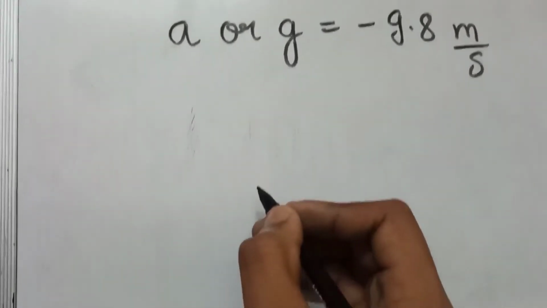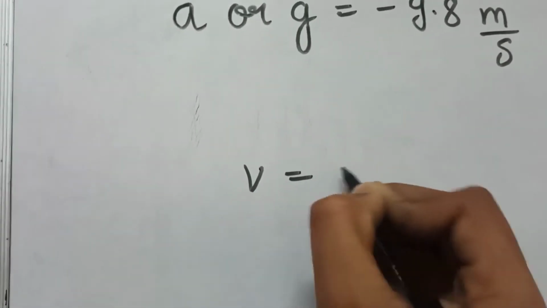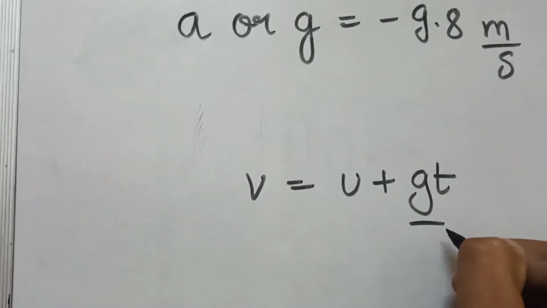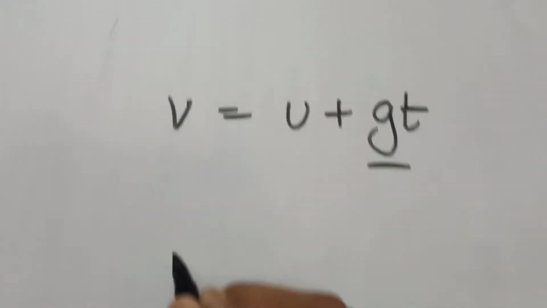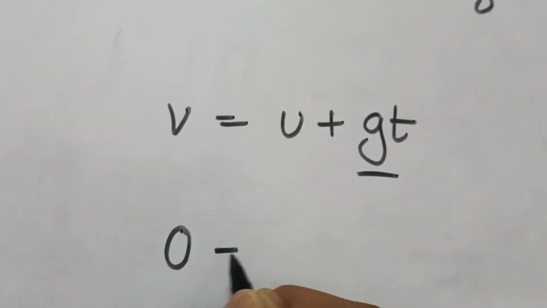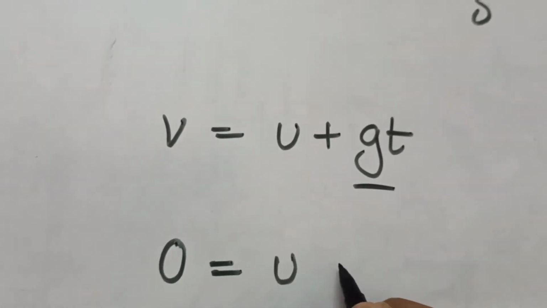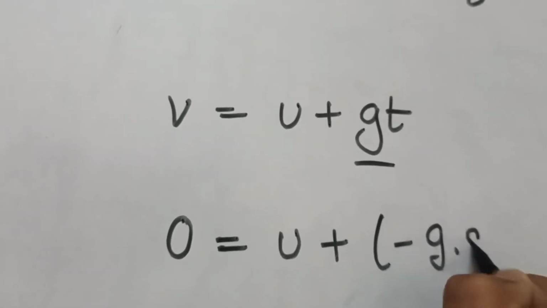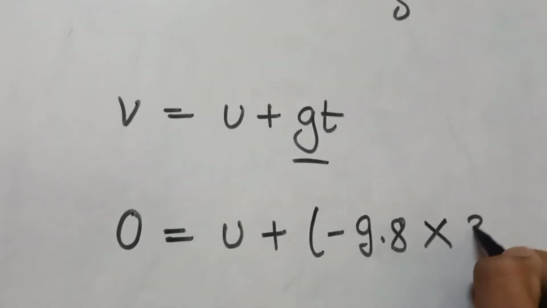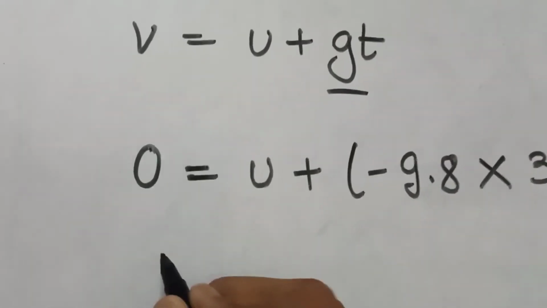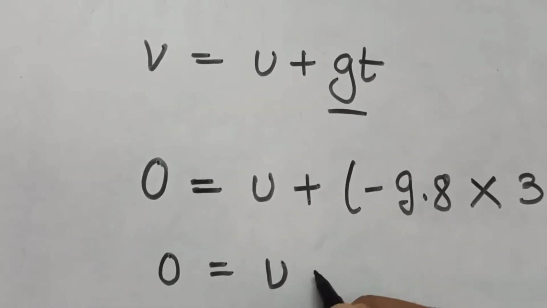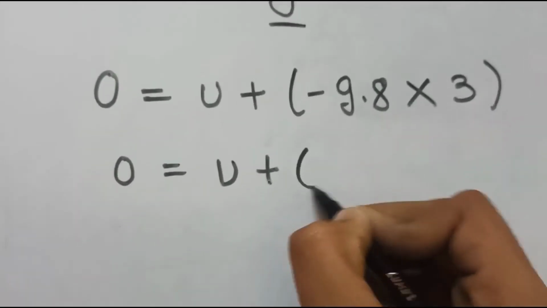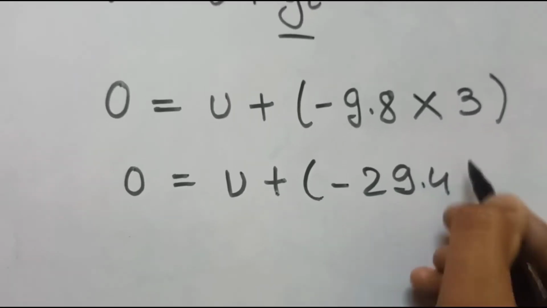Now the equation of motion used here will be v is equal to u plus g t. In place of a, g has come, that's the only change, the rest is the same equation. So we know that v is 0, is equal to u, which is what we have to find, plus -9.8 into 3. So 0 is equal to u plus -9.8 into 3, which is -29.4.